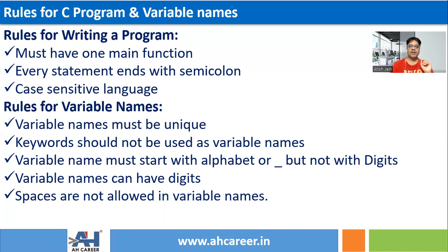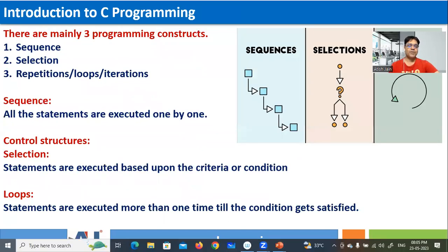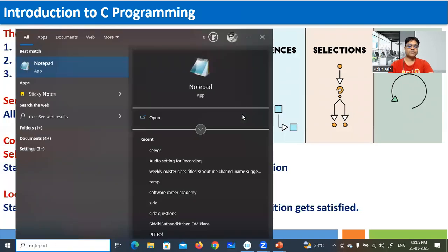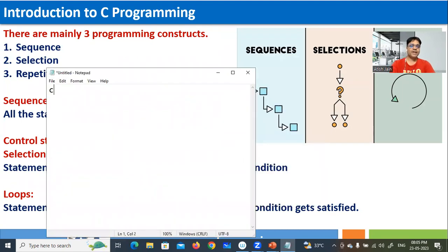So guys, everyone, can you tell me what is required for writing a program? What is required for writing a C program? We need to have a compiler. Everyone is clear with this? Very good, Lokesh.